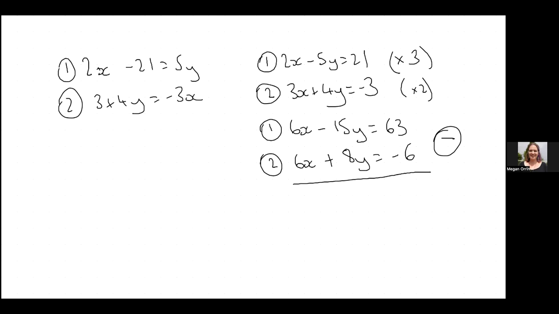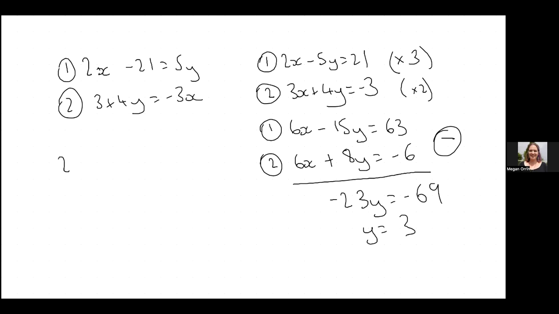All right, so that's 0. So now I have negative 15 minus 8. So what do I get? Negative 23, so negative 23y equals negative 69. So y is 3. Okay. So then I substitute this back into anything. I'm just going to pick the first one.